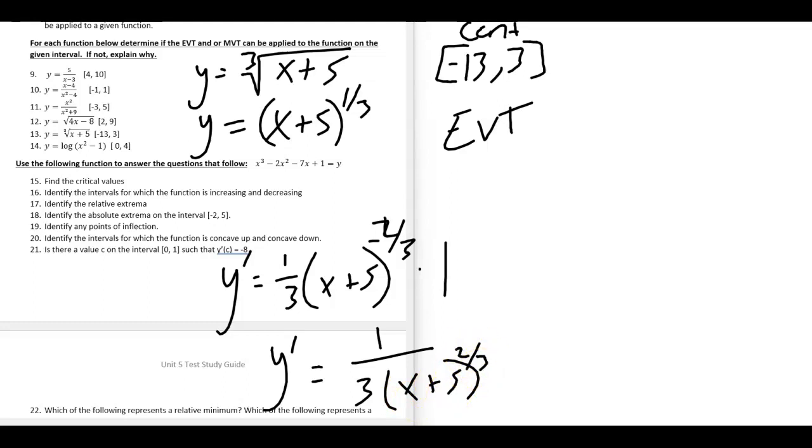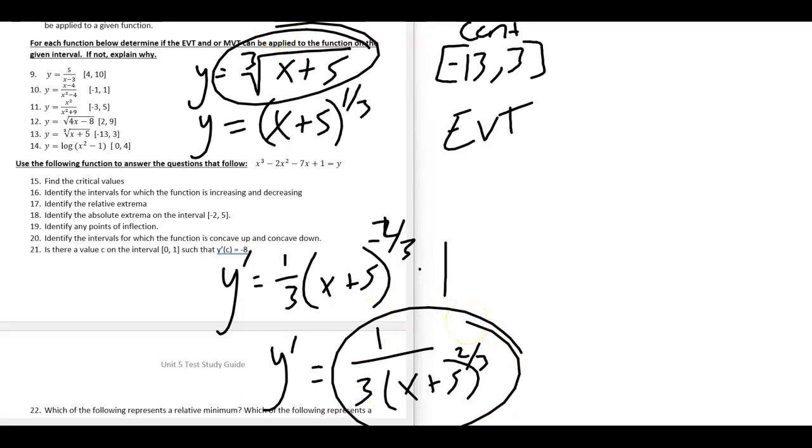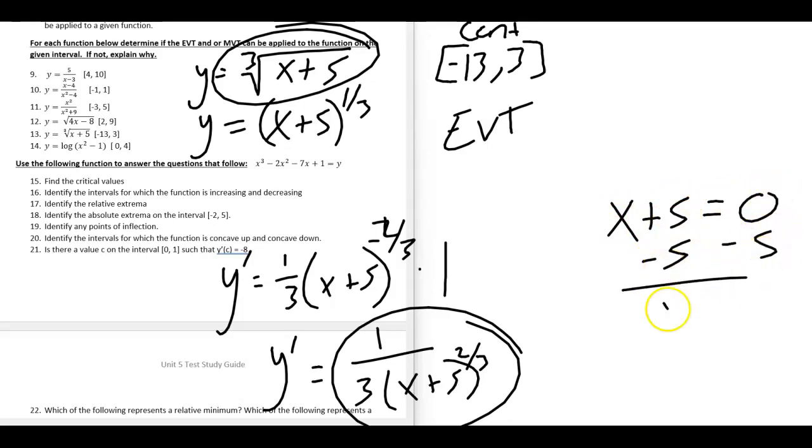Okay, so where will this have discontinuities? Well, now what used to be a cube root function has become a cube root function, but also a rational function. And once again, rational functions can't equal 0 in the bottom. So this x plus 5 can't equal 0, and I end up with -5.